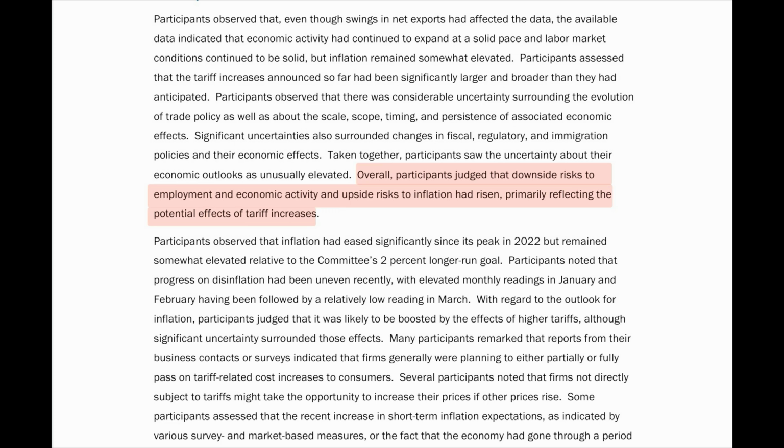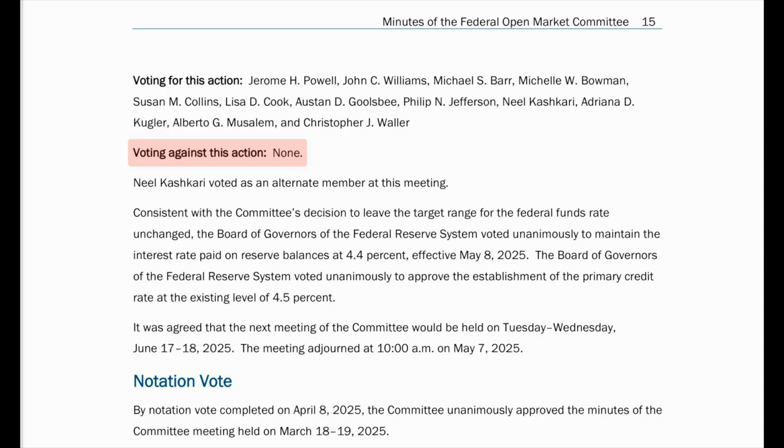And then it says, overall, participants judged that downside risk to employment and economic activity and upside risk to inflation had risen, primarily reflecting the potential effects of tariff increases. So all the downside risk is basically because of tariffs. So it's all Donald Trump's fault, basically. Anyway. And there was no dissenters here in this decision at all.